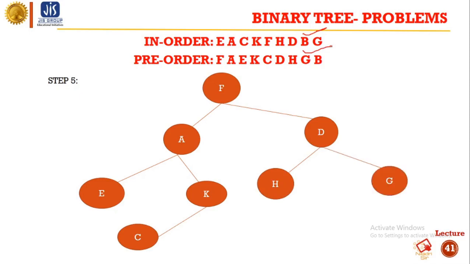So G is there and B is on the left-hand side. So it is B. So this is the complete binary tree.